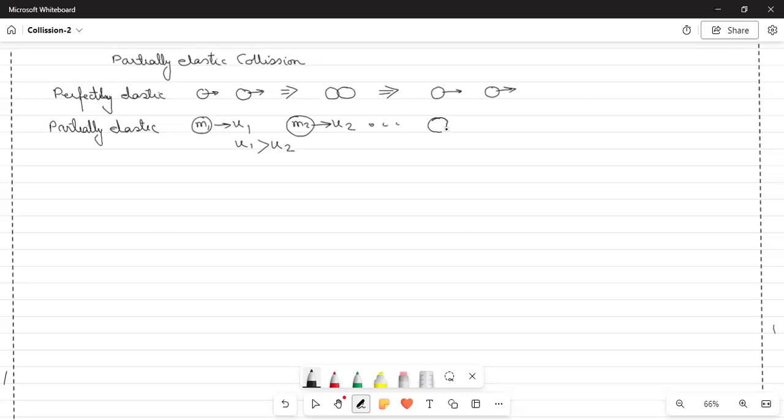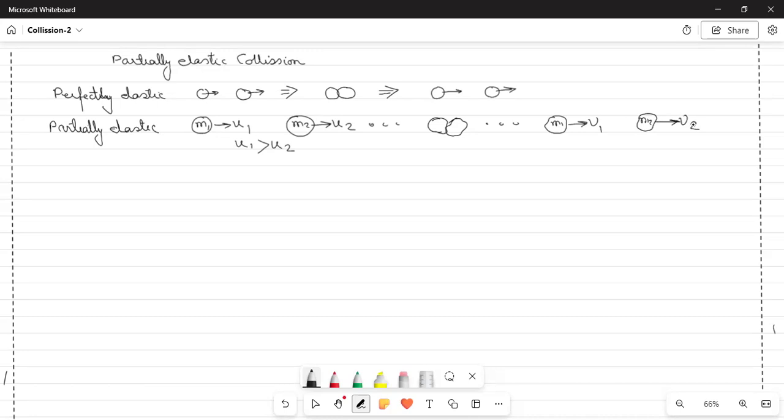So when they collide, they are a little bit deformed like this. But anyway, they do not stick to each other. So they separate once again. This is M1, moving with the velocity V1, and this is M2, with the velocity V2. This is the partially elastic condition.